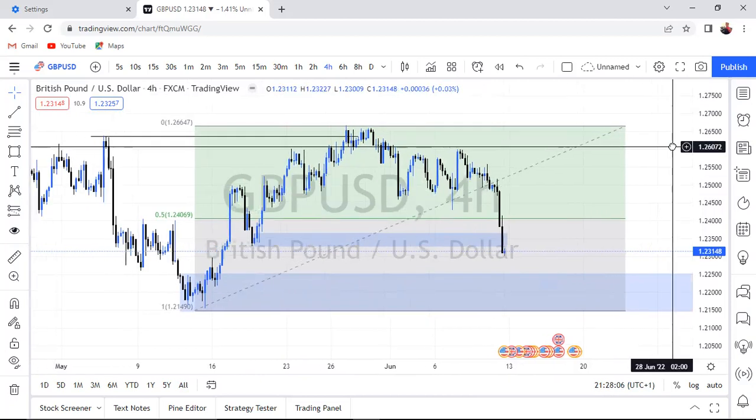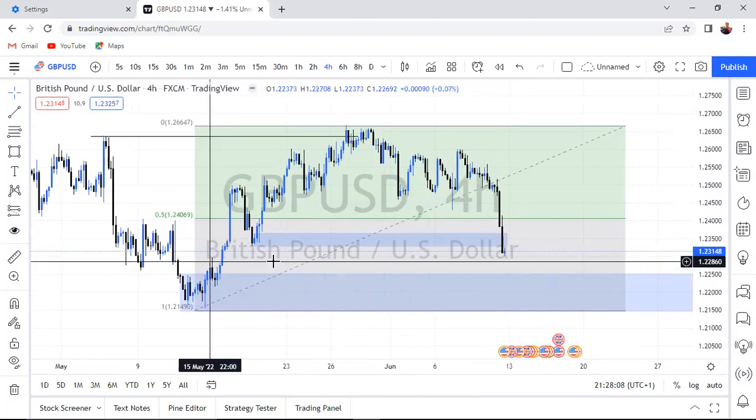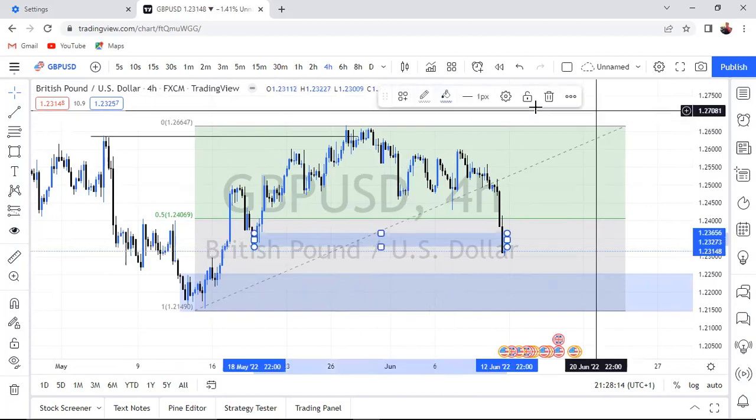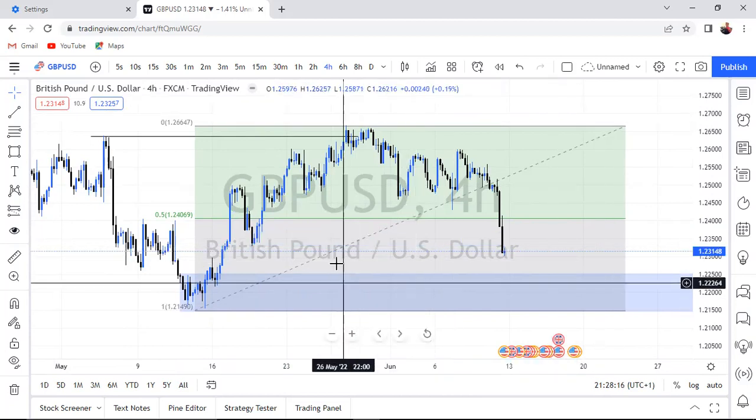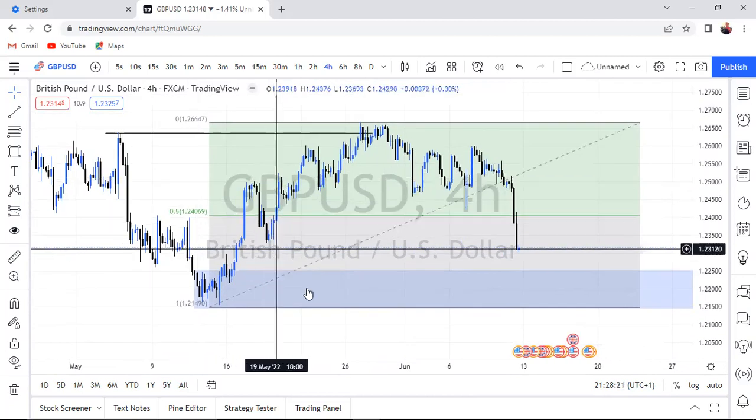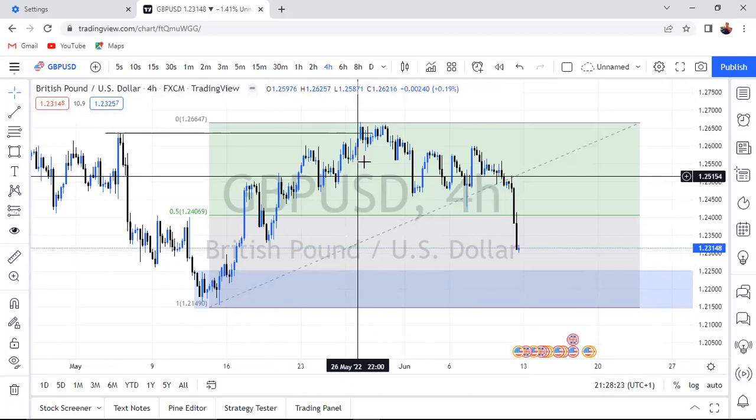Are you getting it? Yeah. So that's why we tend to look for order blocks from the point of 50% downward, because we want to buy at discount and sell at premium. This is our discount zone. This is our premium zone.